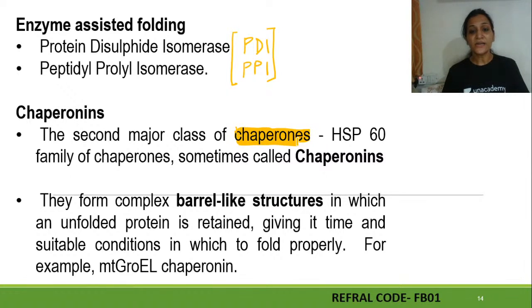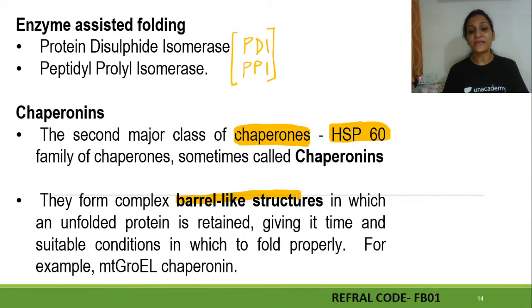The chaperones belonging to the category of chaperonins are the HSP 60 family of chaperones. HSP 60 makes up the chaperonins family, and its synonym is chaperonins as well, right? So what are these chaperonins?